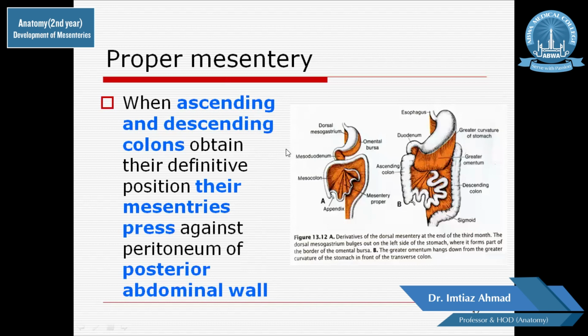When the ascending and the descending colons obtain their final position, their mesenteries are pressed against the peritoneum of the posterior abdominal wall. Finally, when the rotation is complete and the ascending and the descending colons are at their proper place, they are attached to the posterior abdominal wall.